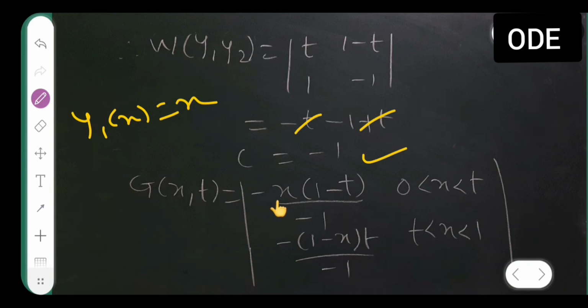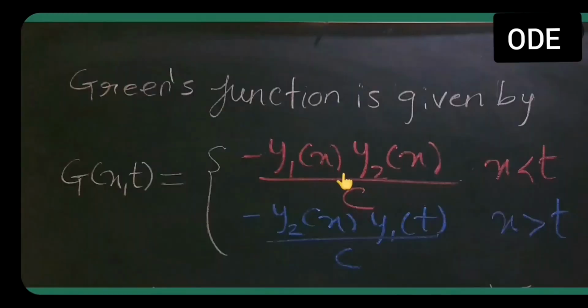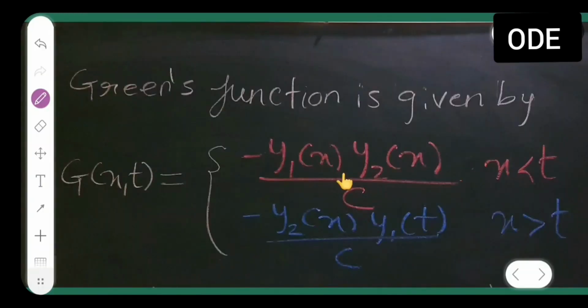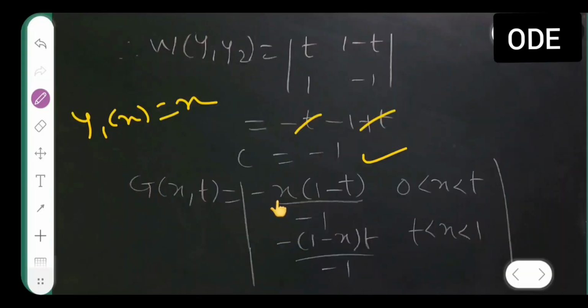And this is according to that formula which you all have to see. According to this formula you all have to do y1 of x into y2 of t. So this is nothing but y2 of t, okay? See, you all have to see this formula and then do it. So now my y1 of x is nothing but x. What is my y2 of t? 1 minus t upon minus 1, that is c.